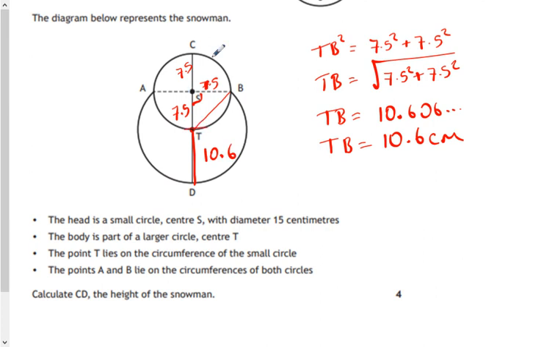Then we've got 7.5 and 7.5 for our 15 diameter. So CD is 10.6 plus 15, which is 25.6 centimeters in height. Most of the marks there is spotting this right-angled triangle and using the radius TB to calculate TD.